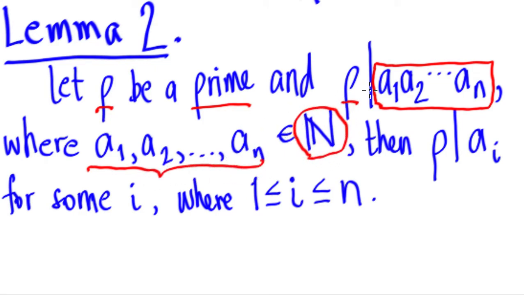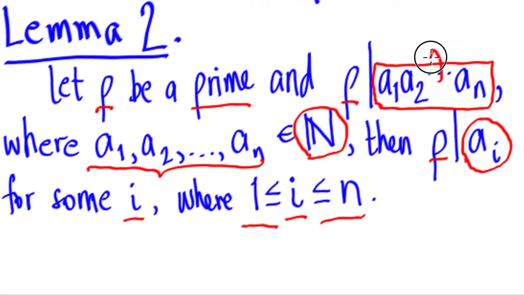Then p divides a sub i, that is, p is a factor of a sub i for some i between 1 and n. So a sub i is somewhere in this string of values.